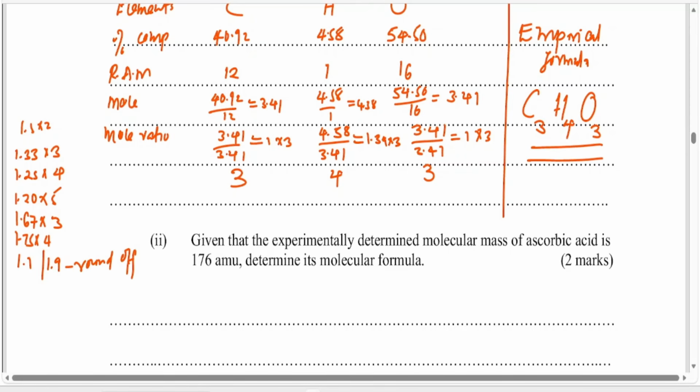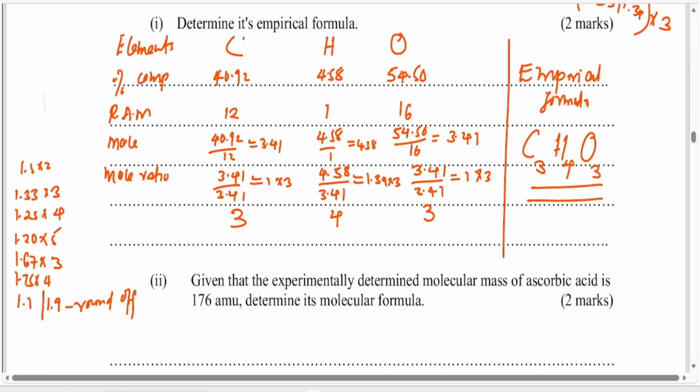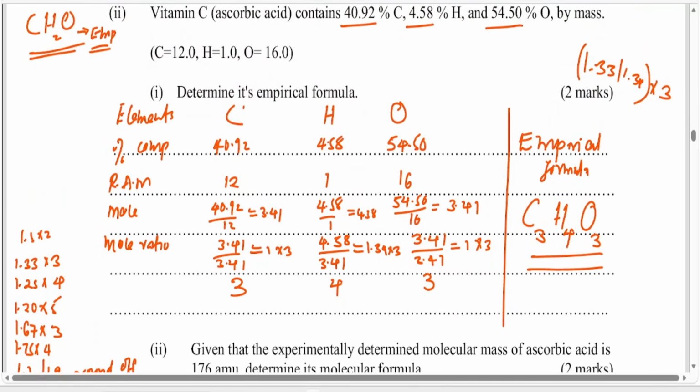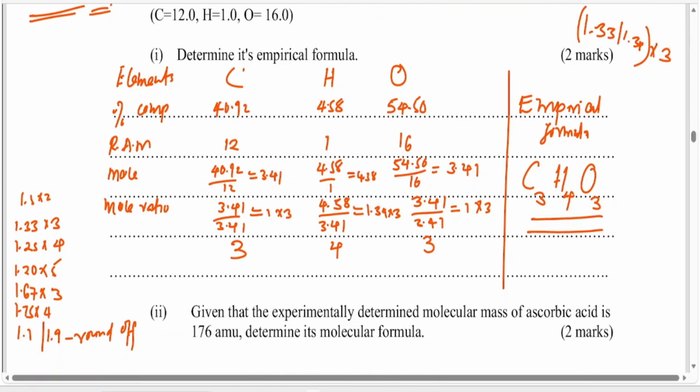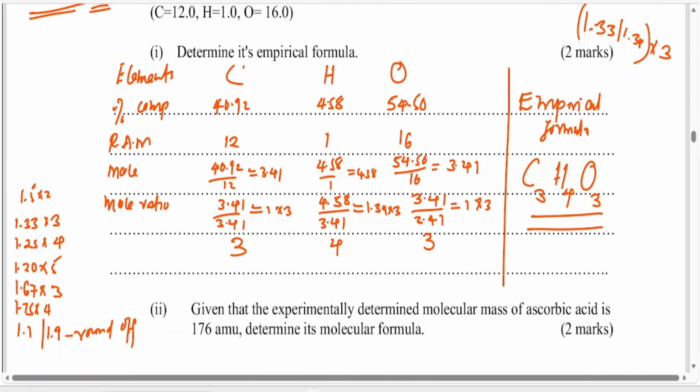That's what you are supposed to do when you are working this kind of question and you find that one of the moles is not a whole number. So when it is 1.5, multiply by 2; when it is 1.25, multiply by 4; when it is 2.5 or 3.5, multiply by 2.